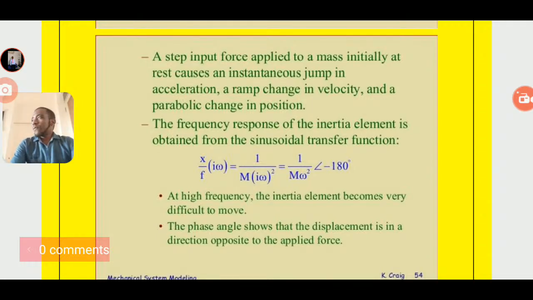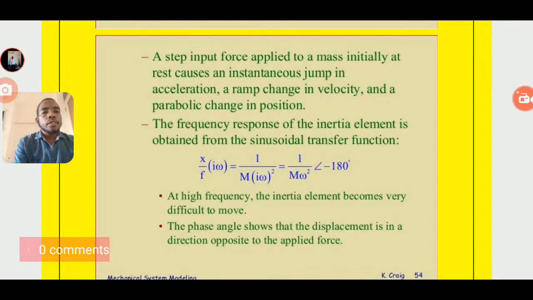So the frequency response of the inertial element is obtained from the sinusoidal transfer function, as we have seen at the starting point of this section.